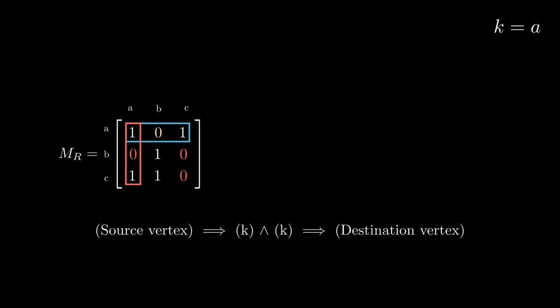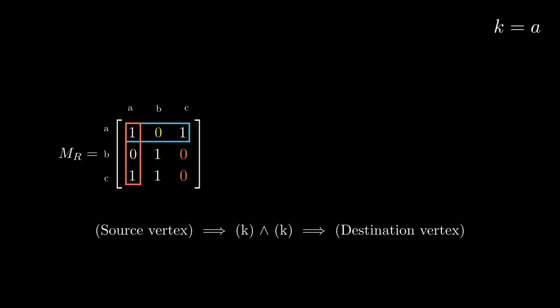For our second zero, it would be at b to a. This is marked by the source vertex b and the destination vertex a. Currently, it is at 0, so we check if we can make this a 1 by checking with the pivot. In this case, we simply substitute b to a and a to a, and we see that 0 and 1 corresponds to a 0.